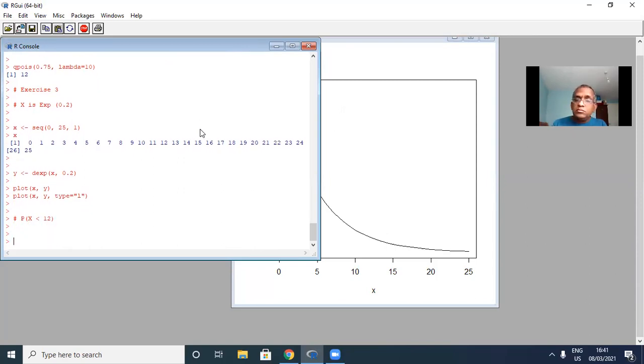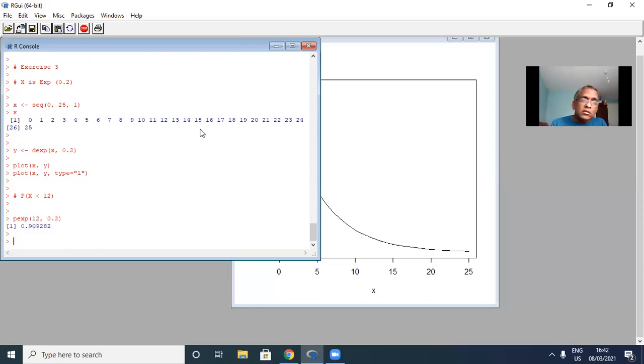Now, to find this probability, remember for a continuous distribution, less than is the same as less than or equal to. Greater than is the same as greater than or equal to. So to find this, all you have to do is just, yeah, that's it. Because the probability X less than 12 is the same as the probability that X is less than or equal to 12, right?